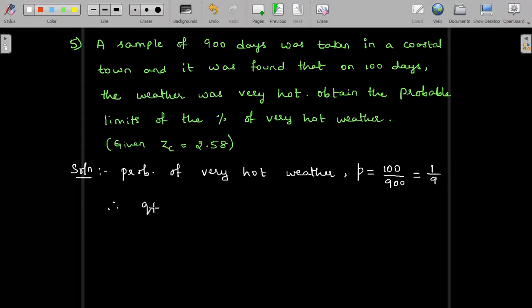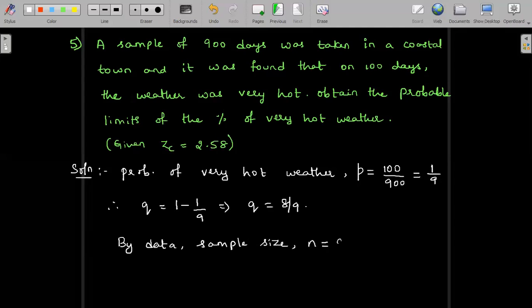If P is 1 by 9, Q is 1 minus 1 by 9, which gives us 8 by 9. And by data, the sample size N is equal to 900.